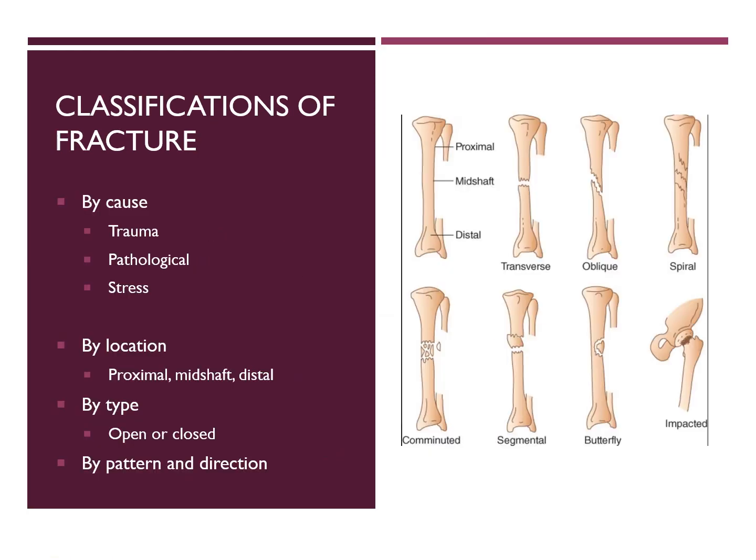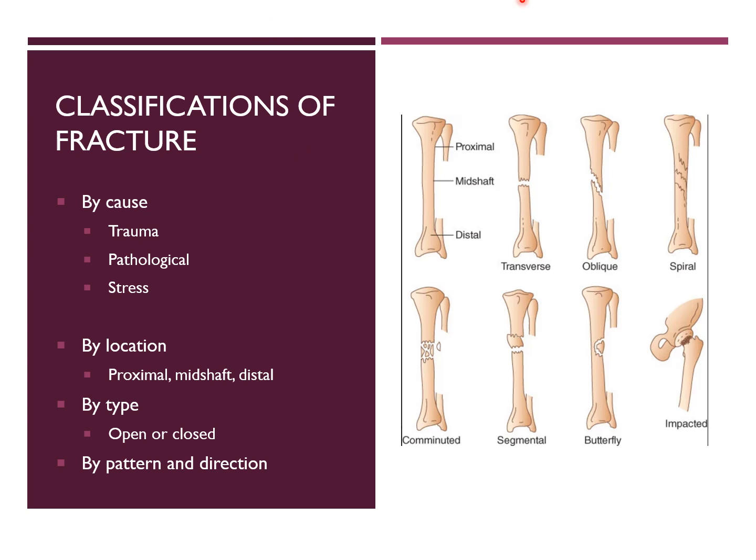So we classify fractures in several different ways. So they can be classified based on their location. So you can see here how we split that bone into proximal, midshaft, or distal. So depending on where the fracture occurs in the bone, that's one way we can talk about that classification. We also talk about these by the direction of the fracture.